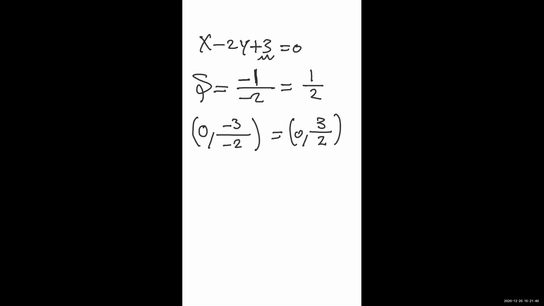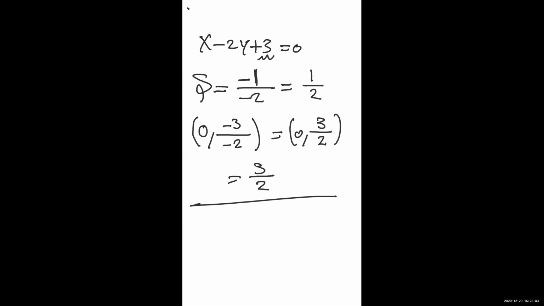Now the length of the intercepted part from the y-axis will be the absolute value of c, so it will also equal 3 over 2. Now, is it clear, guys? Yes. Any questions till now?